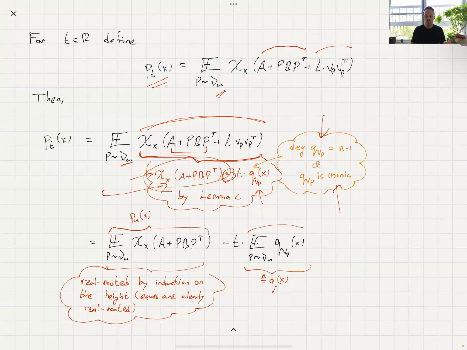So this is also monic of degree n minus 1. Good. And PU of X, what do I know about it? I know it's real-rooted by induction on the height. Right, I'm proving real-rootedness. Here there's no fancy thing going on. It's the induction with respect to the original A and the original B. So what I told you about the fact that you generalize what you're proving doesn't enter here.